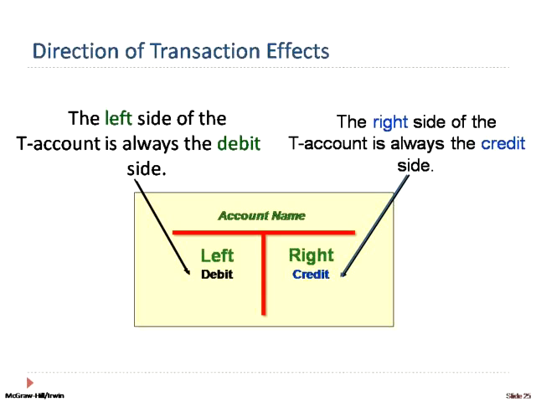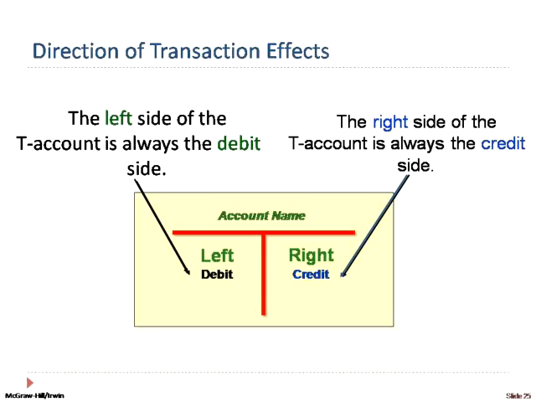The T account has a left and a right side. As a convention that we've adopted over the years, we are going to refer to the left side of the T account as the debit side and the right side of the T account as the credit side.